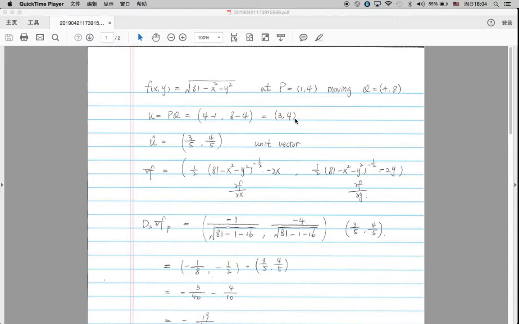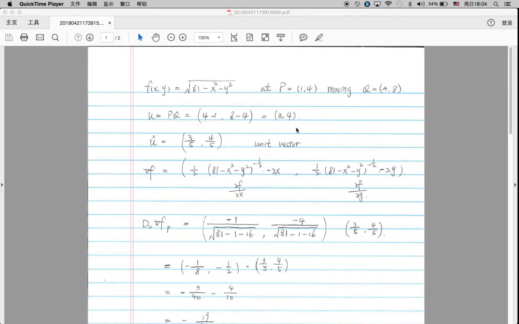That is the direction vector, and now we also need to calculate the unit vector in that direction. Basically, we use the vector divided by its magnitude. The magnitude is the square root of 3 squared plus 4 squared, which is 9 plus 16, 25, and the square root is just 5.